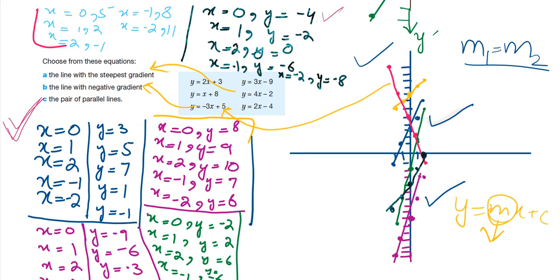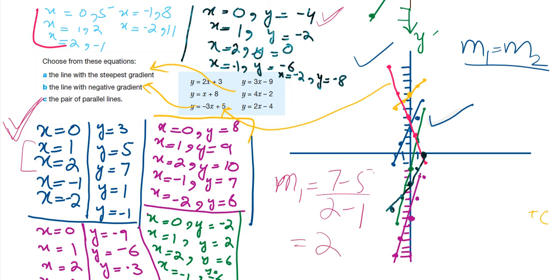Okay, from this one, now we are going to find m1 and then m2. I'm taking any two of these points. 7 minus 5 over 2 minus 1. Okay, so m1 would be 2.